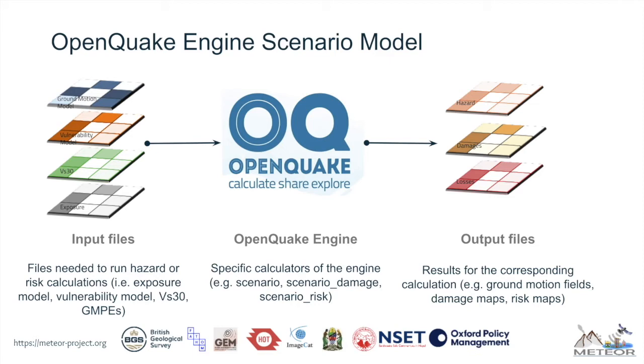With each of these input files, we can run the desired OpenQuake engine calculator, which might be scenario, scenario damage, or scenario risk. And from that, we can get the following output files. We can get hazard maps, damage maps, and loss maps, as well as statistics on the hazard, damage, and loss.